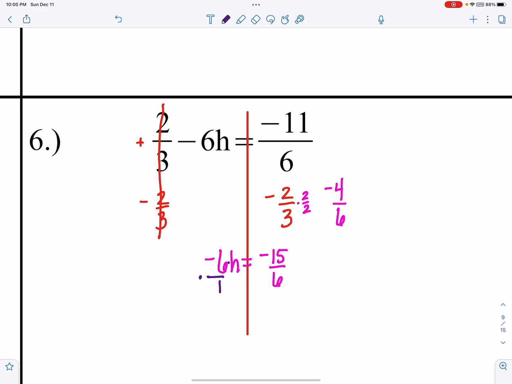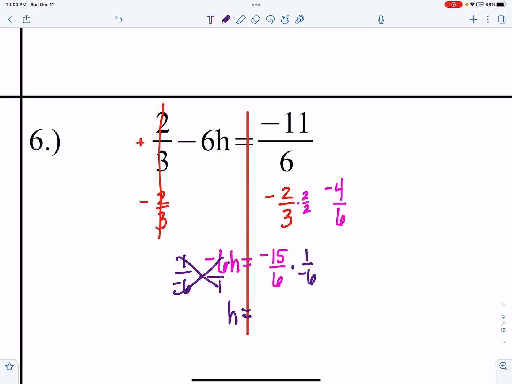So I can multiply by the reciprocal, which would be multiplying by 1/6. And that gets rid of this, and we're left with h equals, and then we'll multiply by 1/6.